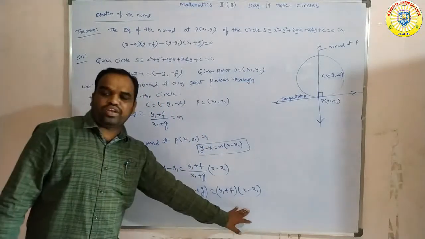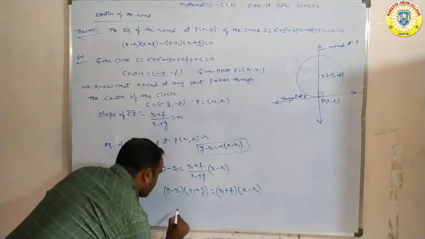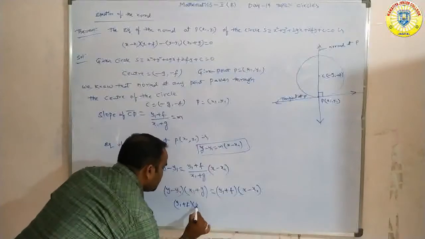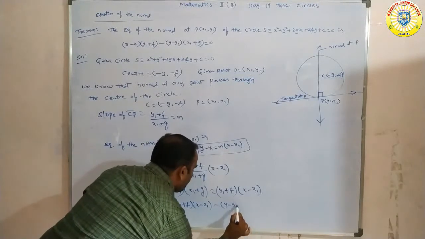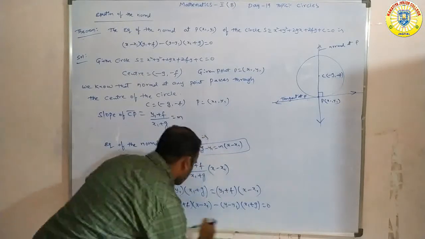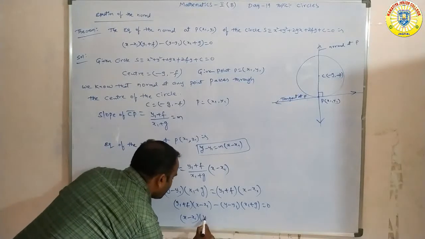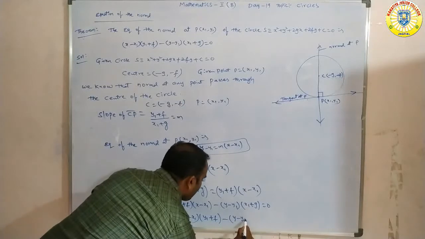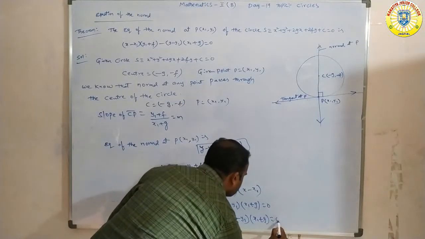Here we take the total value to the right side. That is (y1 plus f) into (x2 minus x1) minus (y minus y1) into (x1 plus g) is equal to 0. We can write (x2 minus x1) into (y1 plus f) minus (y minus y1) into (x1 plus g) is equal to 0.